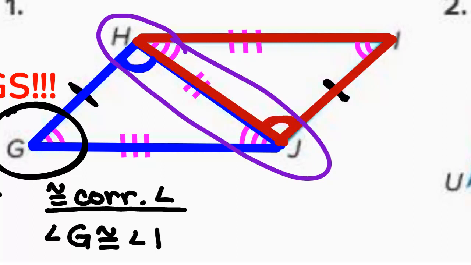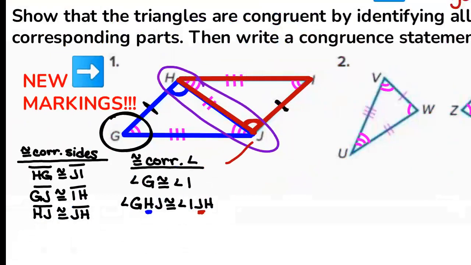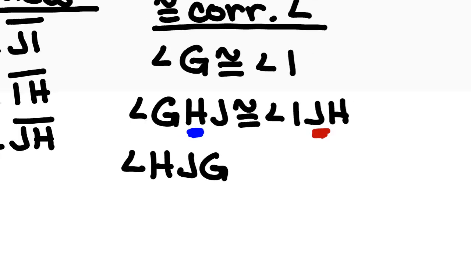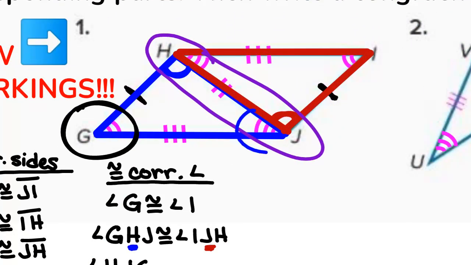And I have to use 3 letters again so that I know whether it's placing it inside the blue triangle or the red triangle. All right, so my last pair of congruent corresponding angles, I would have angle HJG. So angle HJG would be this angle right here inside the blue triangle.